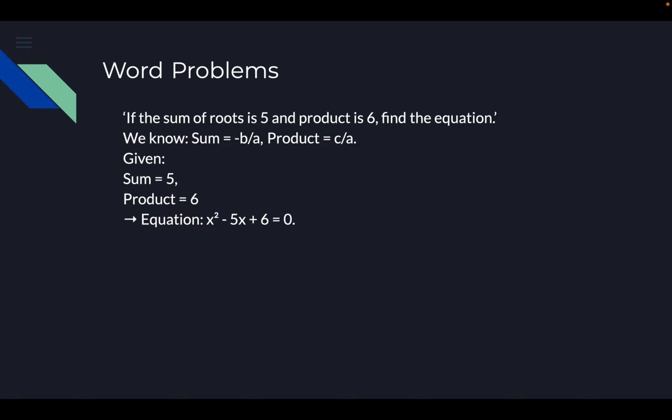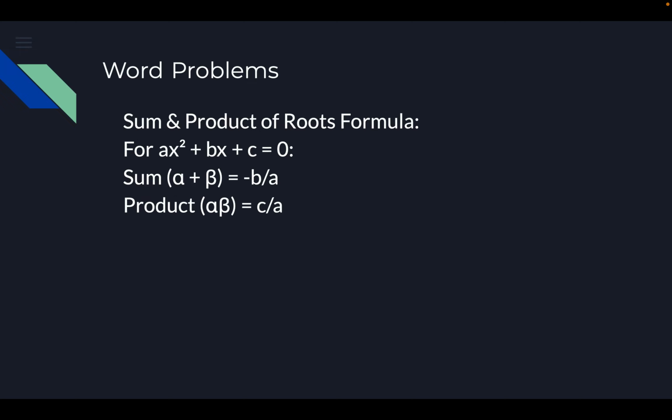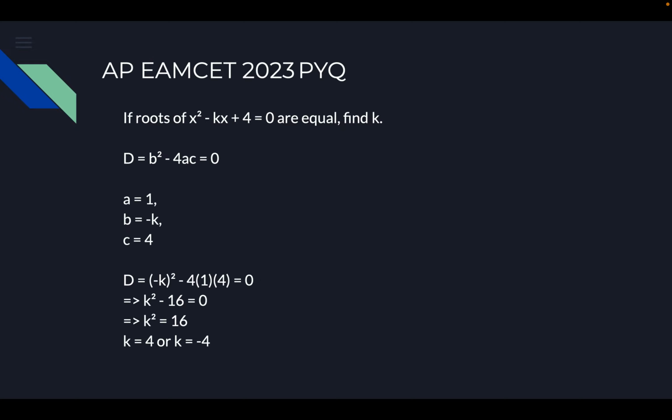Now in this example, the sum of the roots is 5 and product is 6, so we substituted the sum and product directly. We don't have to find the roots of the equation, but we have to compose the equation using this formula. The product of alpha and beta is c by a.